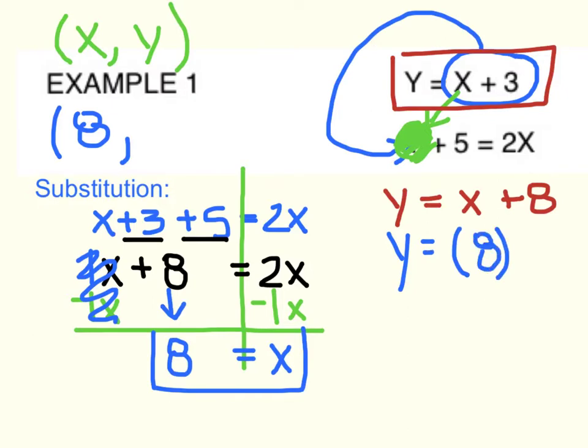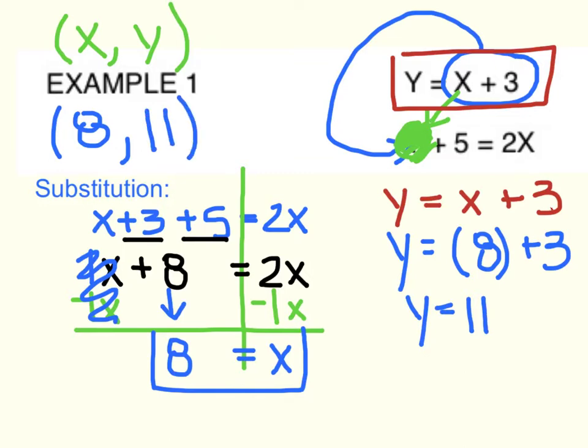And I made one little typo, didn't I? That's not supposed to be an 8 there. It's supposed to be 3, because that's what it says in the problem. So 8 plus 3. y equals, well, what is 8 plus 3? 11. So our answer is 8, 11, because I want to write it in an ordered pair as a point.